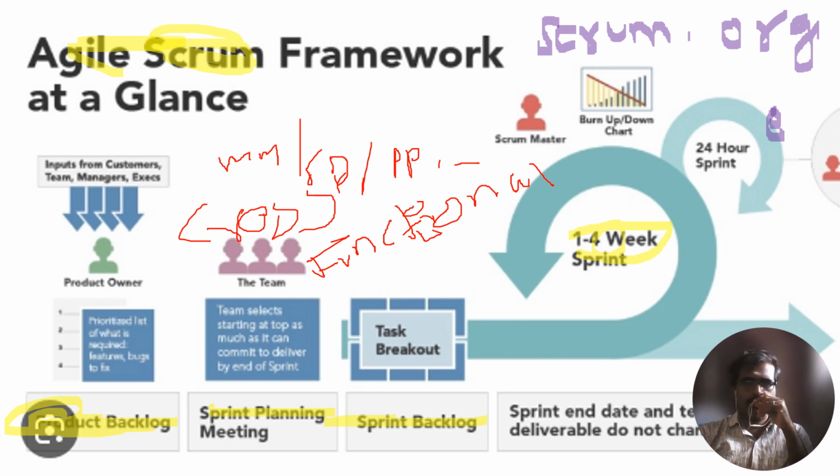The product owner is in charge of this meeting, and all the stakeholders are invited to attend it. It generally runs for 4 to 8 hours. I already told, the product owner is responsible for all the decision making and confirmations.